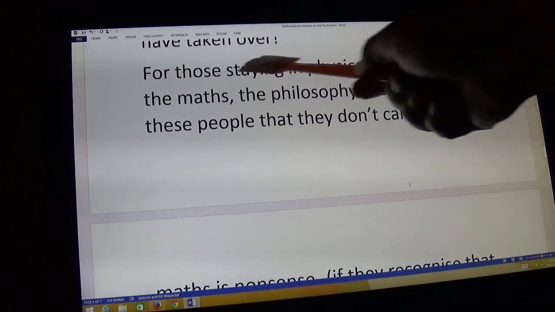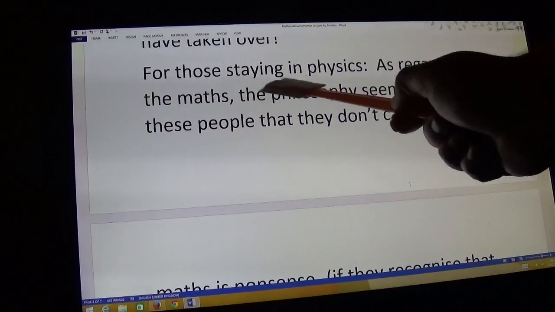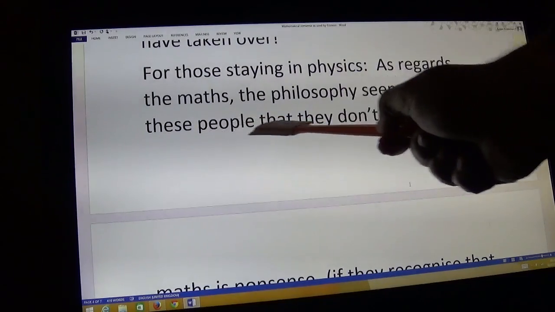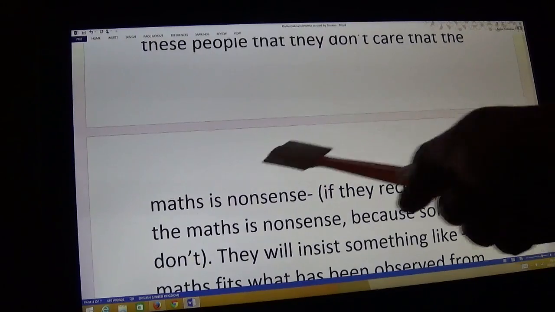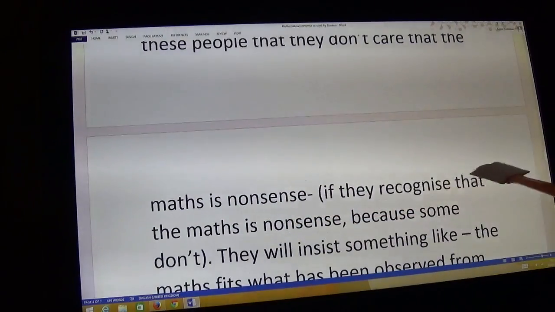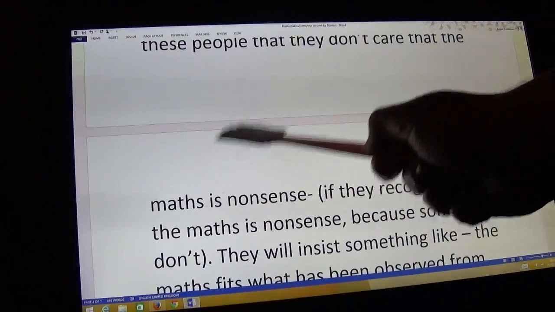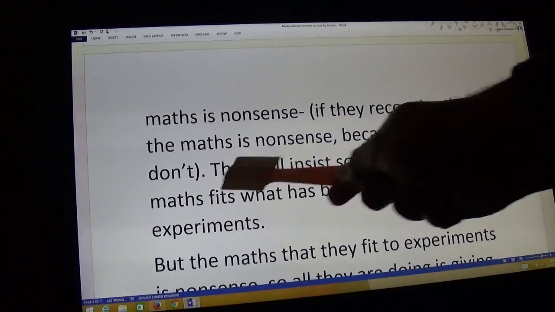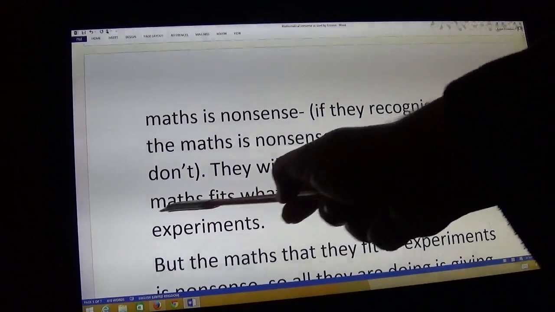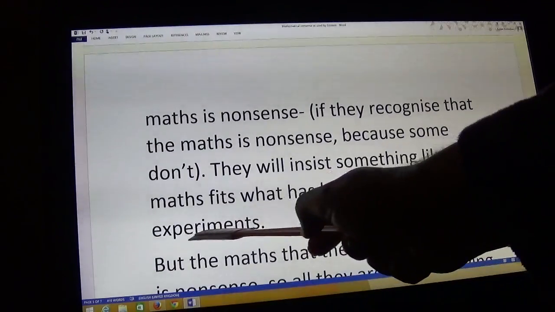For those staying in physics as regards the maths, the philosophy seems to be, by these people, that they don't care that the maths is nonsense. And that is, if they recognise the maths is nonsense, because some of them don't. Those that recognise that the maths is nonsense, they will insist something like the maths fits what has been observed from experiments.